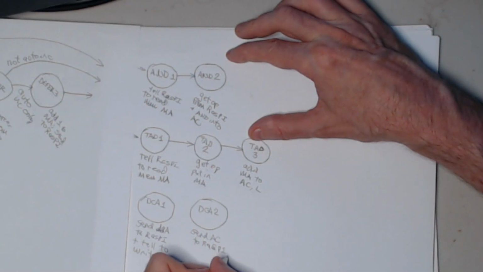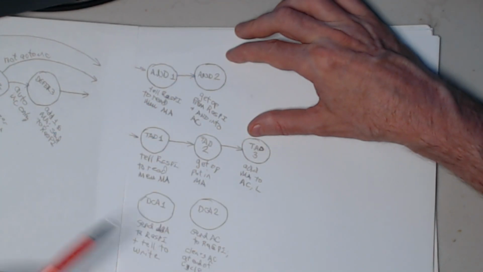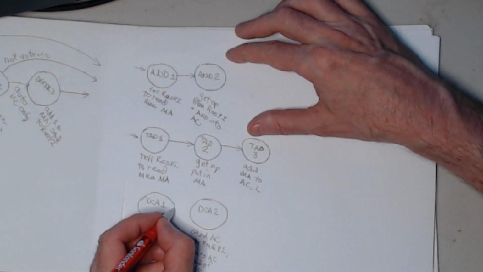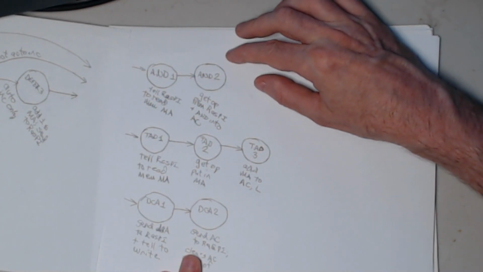Then it also clears the accumulator at the end of the cycle. Actually, it puts zeros on all the data pins going to the accumulator, and then when the clock cycle comes along at the end of the clock cycle, it kerchunks in a 0. So DCA1 goes to DCA2 like that. That's pretty simple.